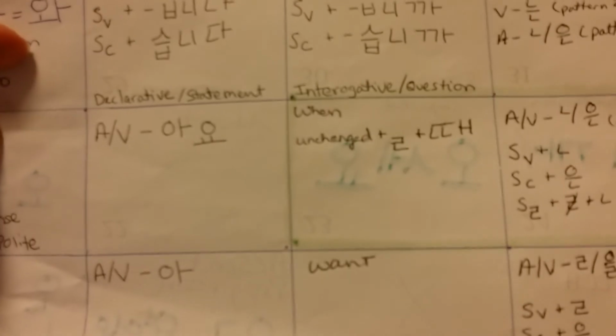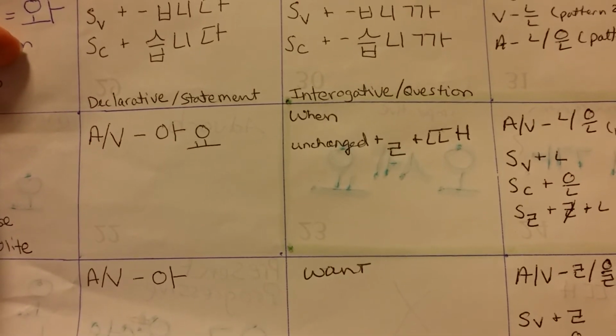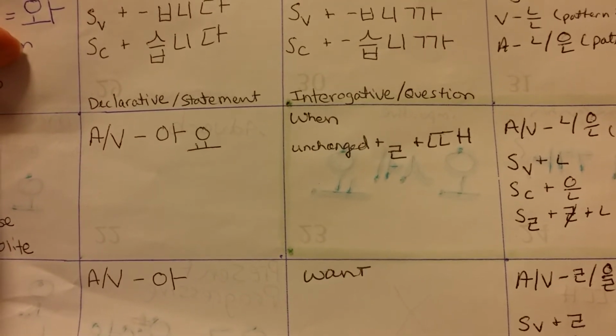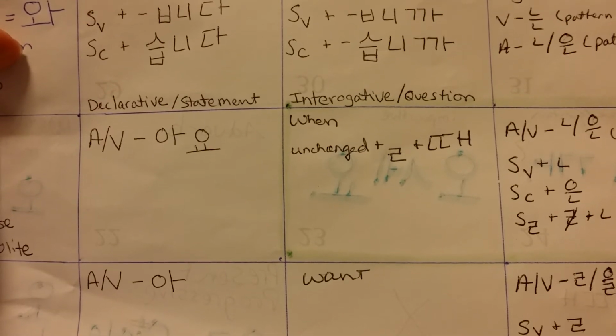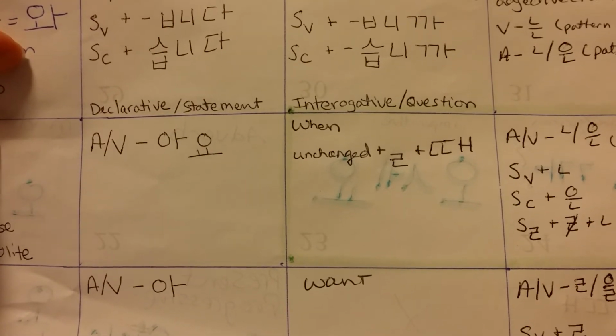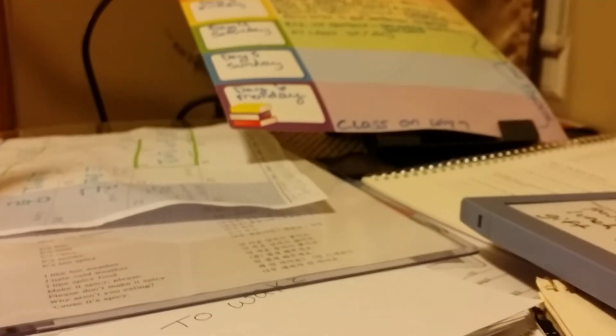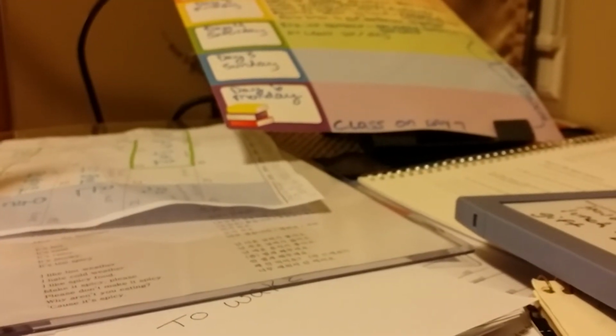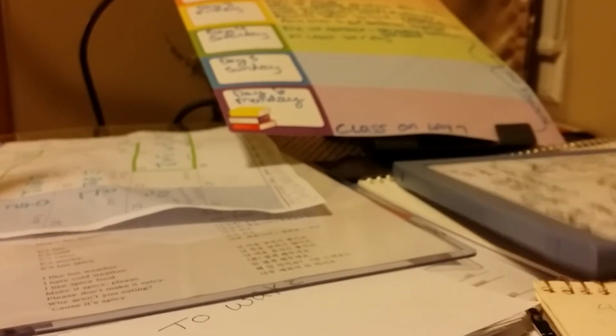If you end in a consonant, you do it that way. And if it ends in an ㄹ, you do it something else. So I figured out all the patterns. So now I've got an understanding of how the conjugation works, and it was time to make flashcards.